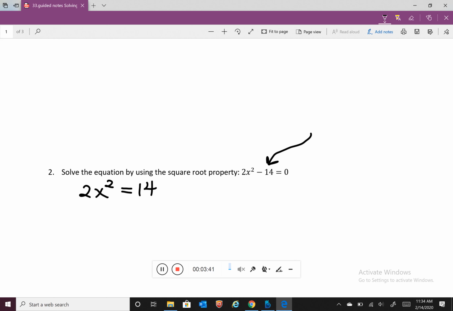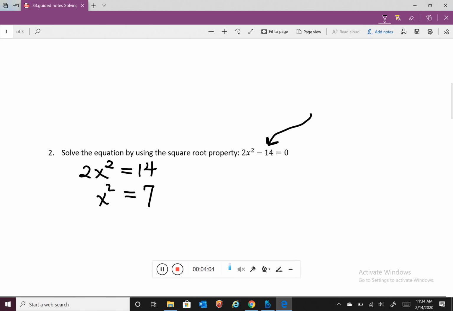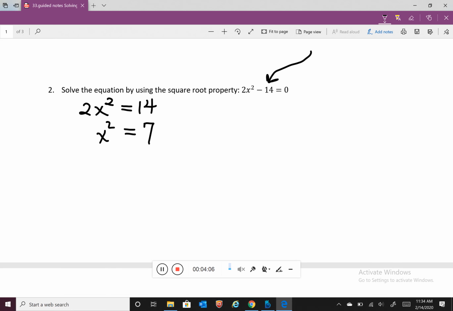Now remember, with the square root property, we need to get our variable squared alone. So we need to divide by 2. So that means x squared is equal to 14 divided by 2, or x squared equals 7. So now this is in proper form. To get x by itself, we're going to utilize square root.